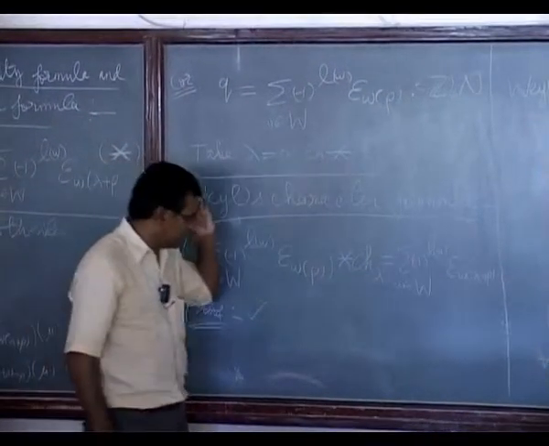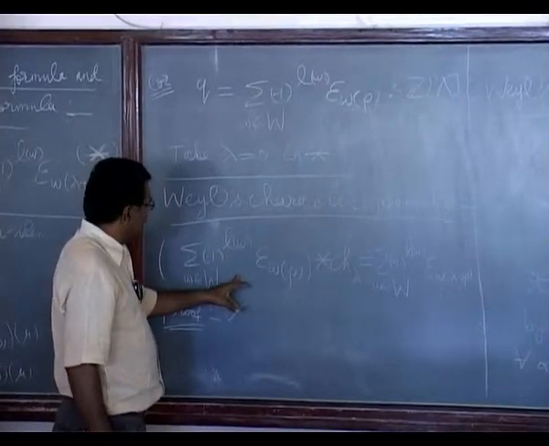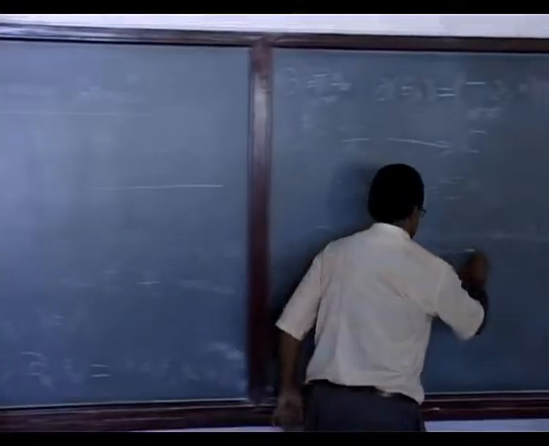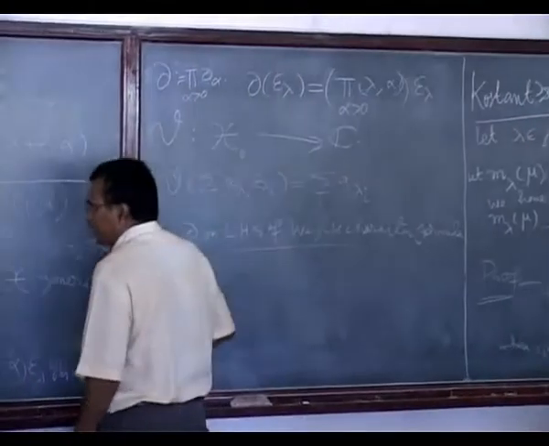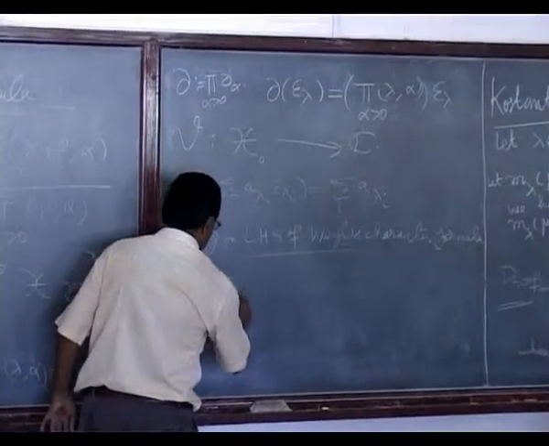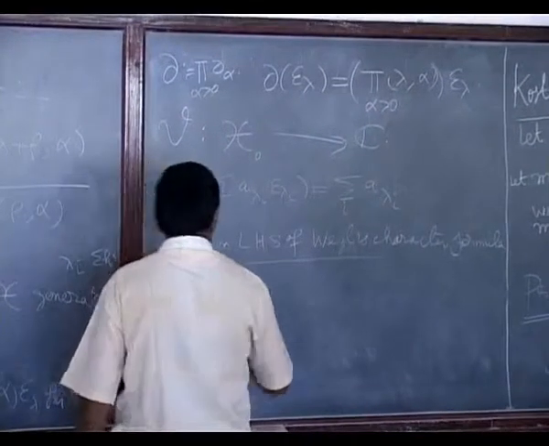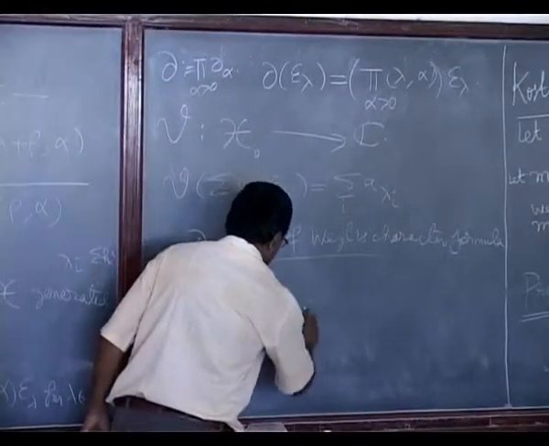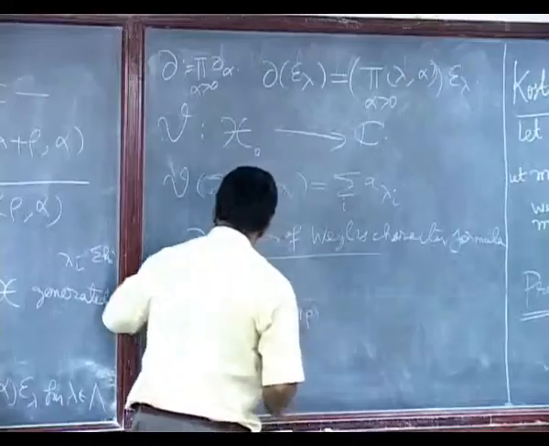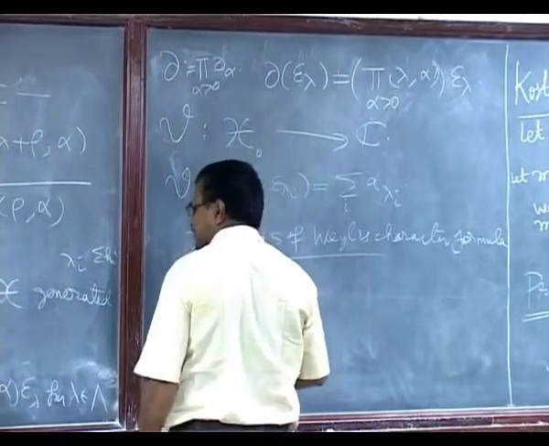Okay, then here that, yeah, we have to use something. This one is epsilon W of rho. So this is Q, which we have already seen.